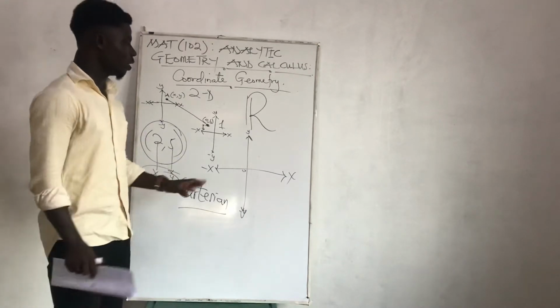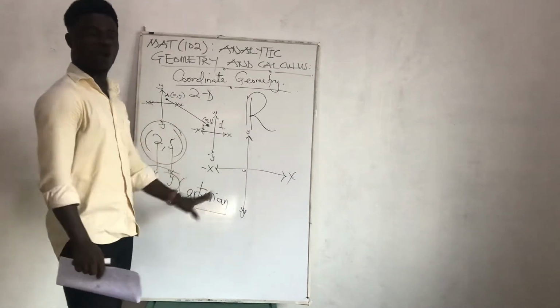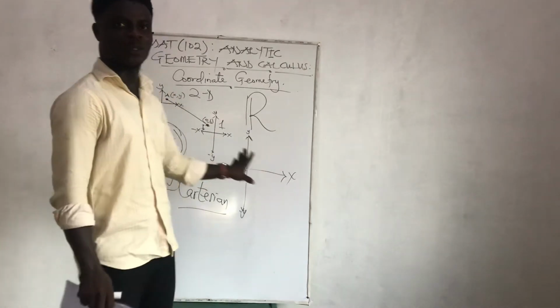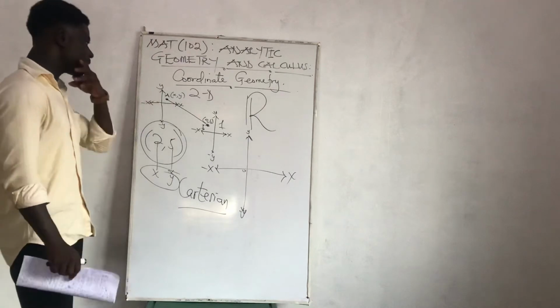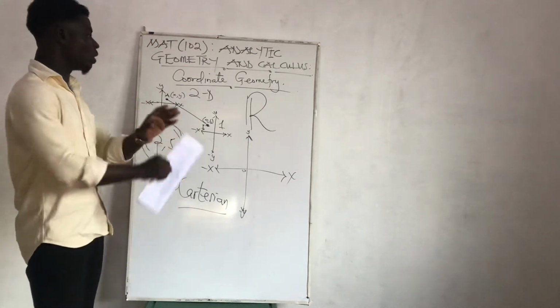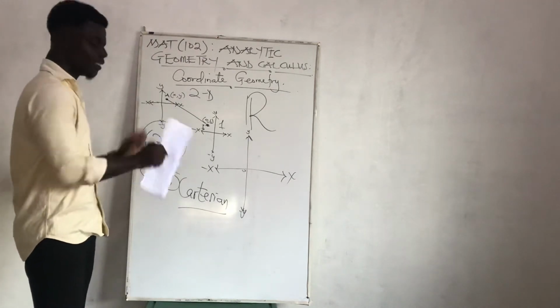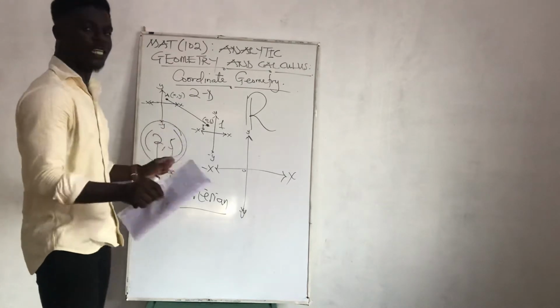So if you have any point P on the Cartesian plane or on the OXY plane, you can locate this point with different, unique numbers.